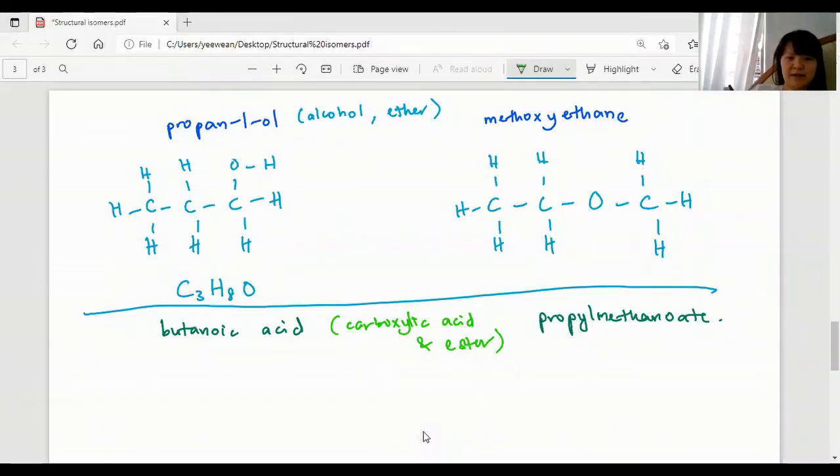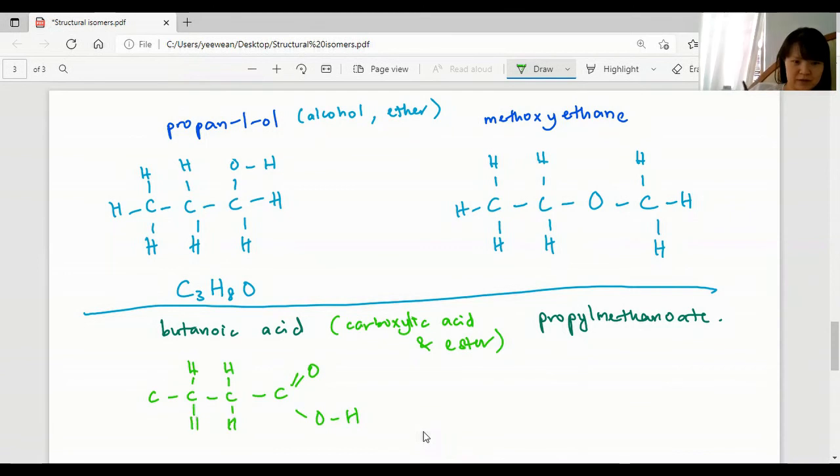Next, a carboxylic acid and an ester, they are isomers as well, functional group isomers. Butanoic acid, a COOH. Let's count how many hydrogens, oxygens, and carbons we have here.